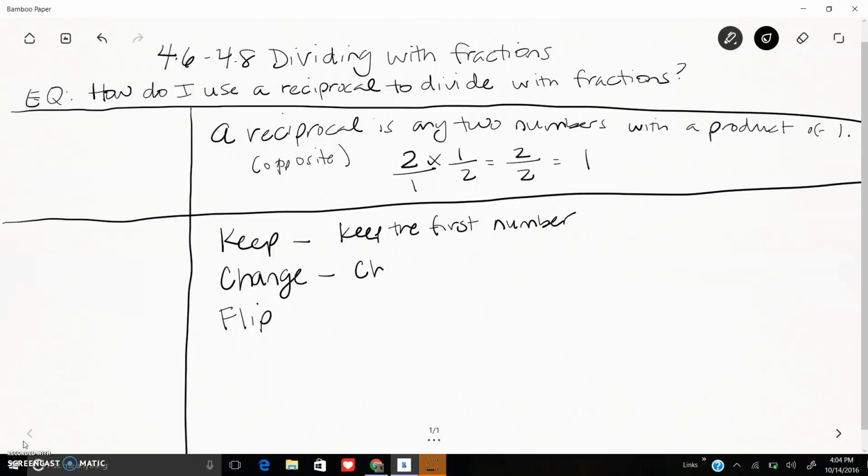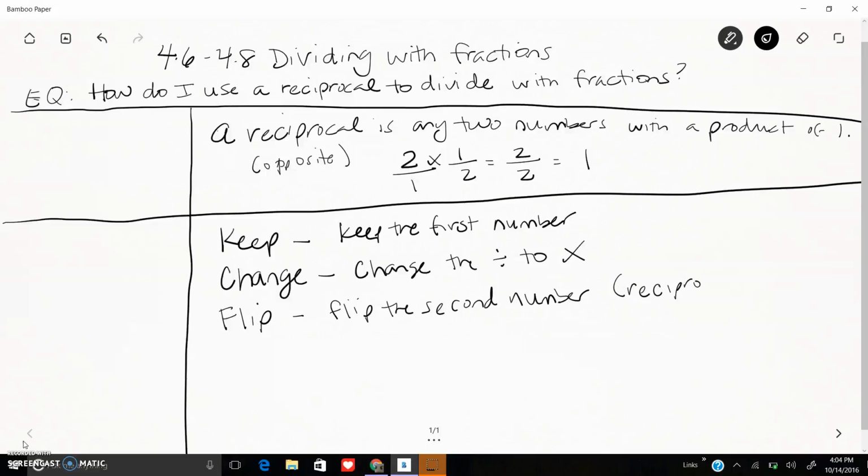We're going to change the division sign to a multiplication sign, and then we're going to flip the second number. That's the reciprocal. So let's jump right in and do some problems.